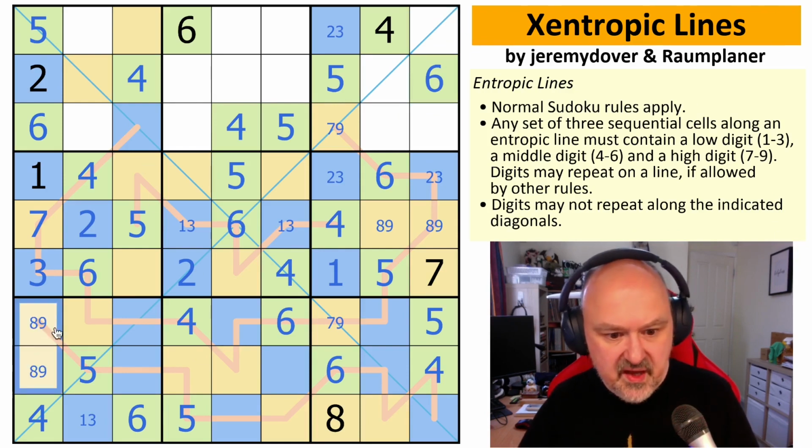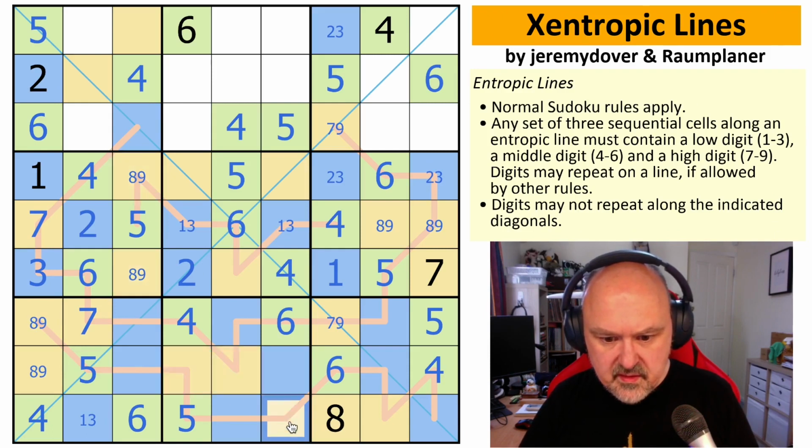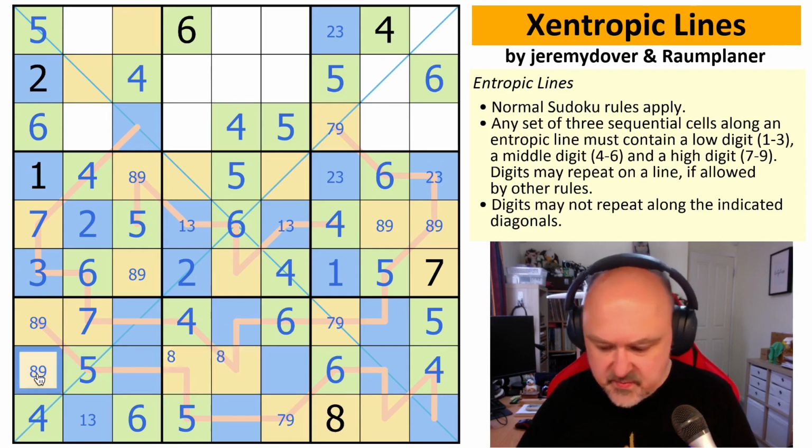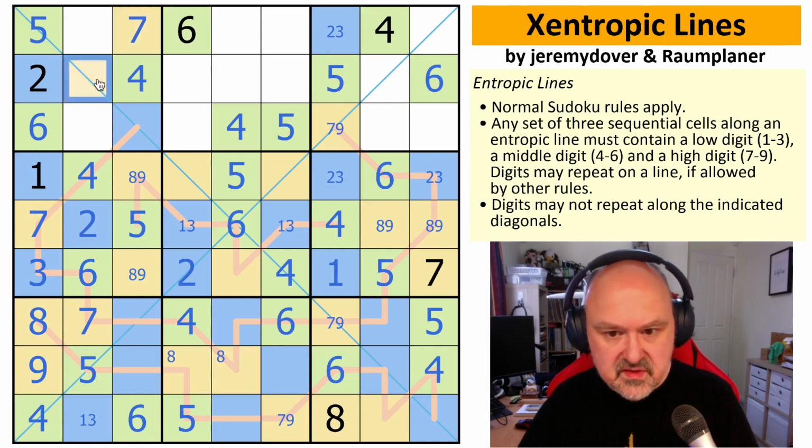So this is an 8-9 pair. So this is a 7. This is an 8-9 pair. This is a 7-9. So 8 must go into there, which means that's 9 and that's 8. This is a 7, so this is an 8-9.